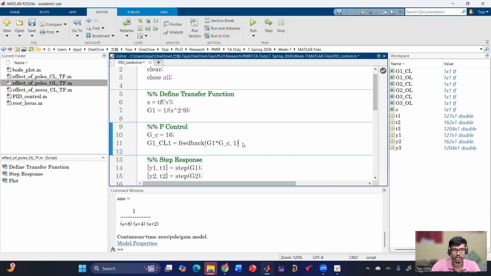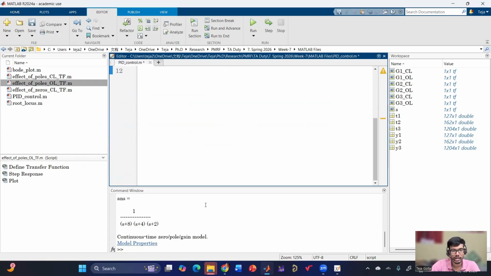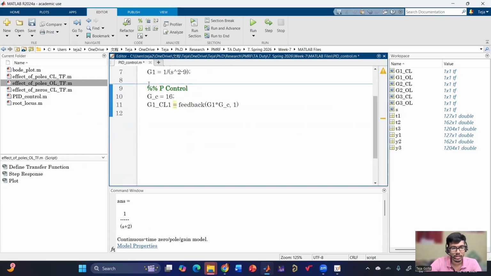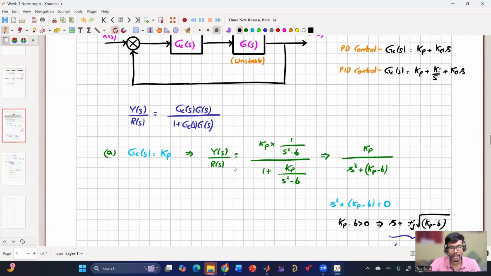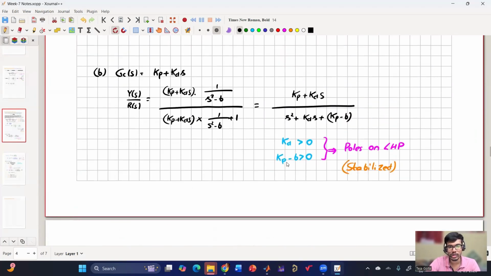Yes, sir. So now I'll remove all this, and then we can do it for PD control as well as PID control. So for PD control, GC has to be KP plus KD times s, where KD should be greater than 0 and KP should be greater than 9.